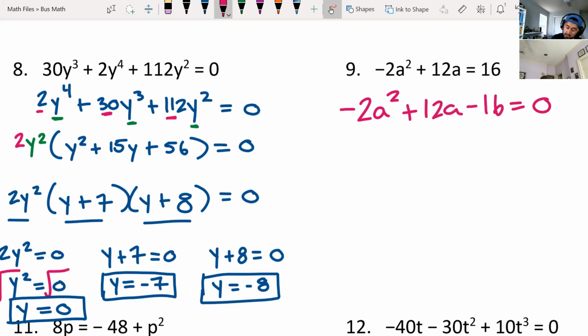And then we see I have a -2, a 12, and a 16. What number could we factor out? -2. Good. We'll take out a -2. This will leave me with +a squared minus 6a plus 8.